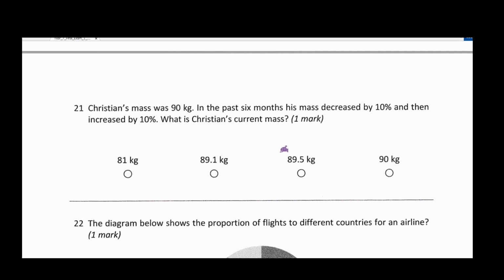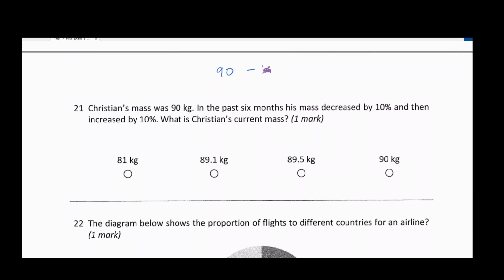Christian's mass was 90 kilograms. In the past 6 months, his mass decreased by 10%, then increased by 10%. What's Christian's current mass? So 90 kilograms.